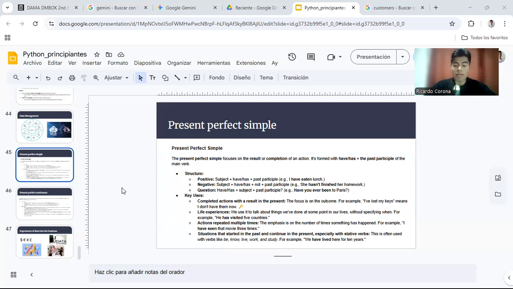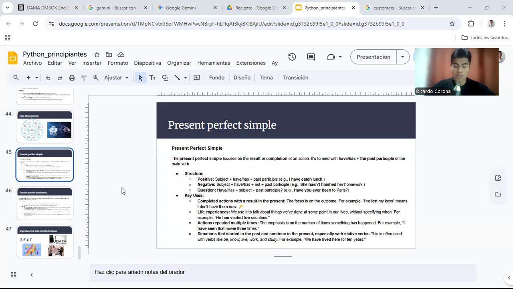If you are using she, you must use has. That is the rule. In the negative, we use the subject plus have or has plus not plus the past participle. Remember the verb is in its past participle form.